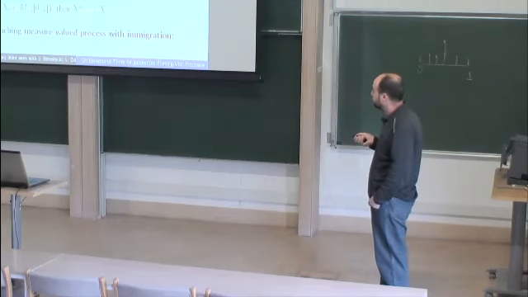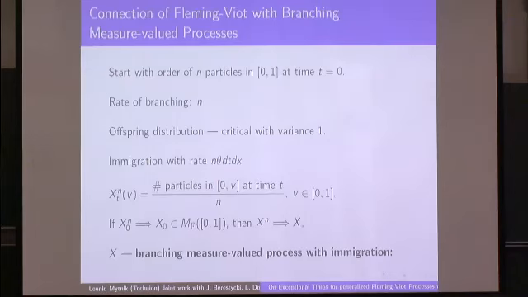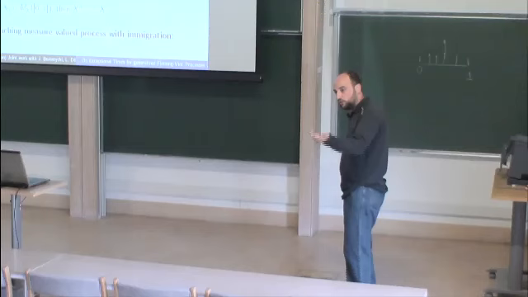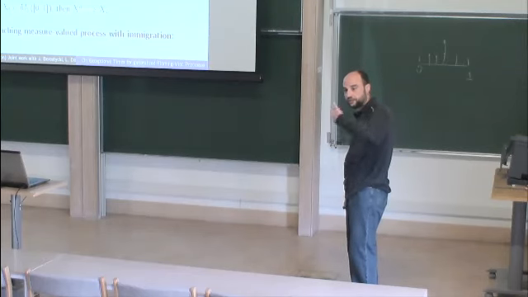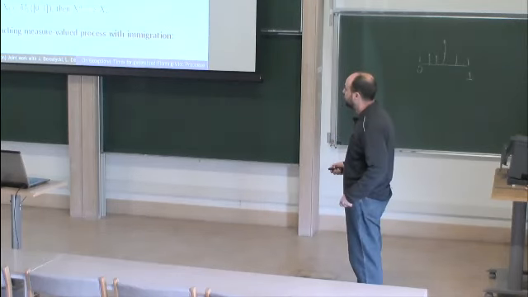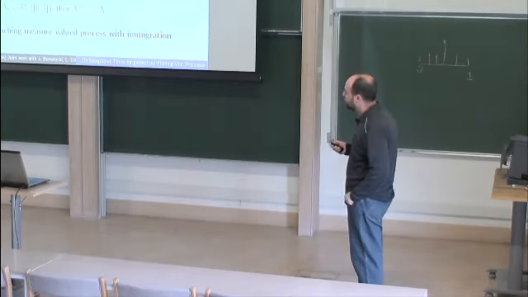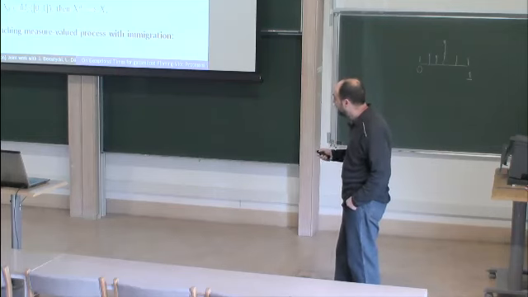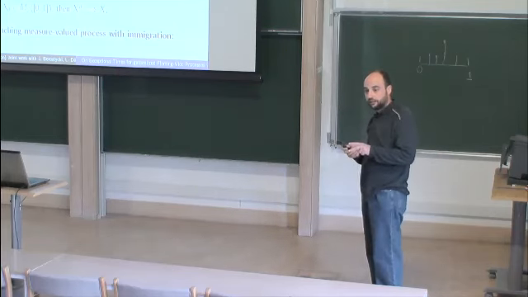We have a lot of particles in the beginning, and each particle at a large rate n does branching, and either it has 2 offspring or 0 offspring, which means critical branching, and you also put the immigration with rate n theta dt dx.